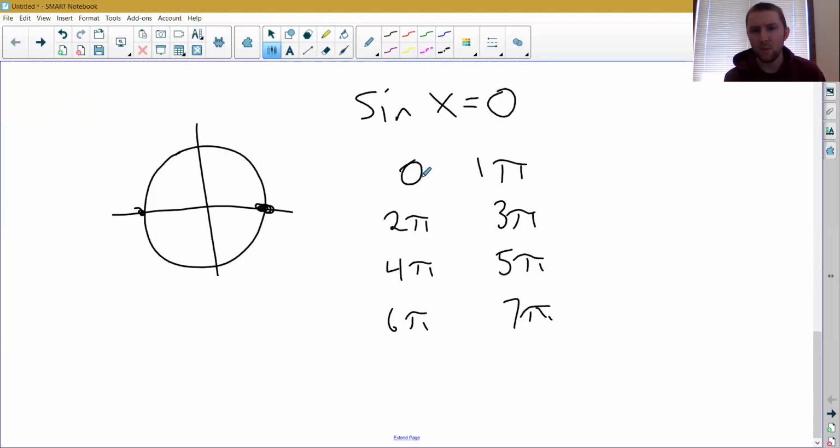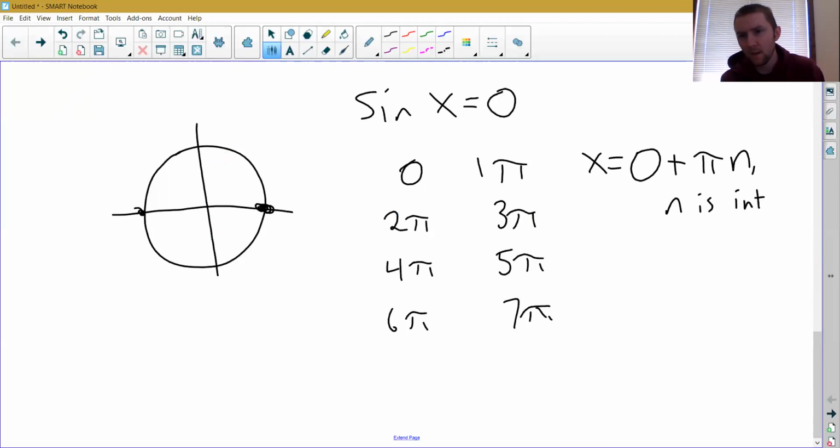So anyway, sometimes we see these types of patterns in our answers, and then we can simply write it like this. X is equal to 0 plus, not 2 pi times n, but just pi times n, where, again, n is an integer. And that's just a slightly simpler way to represent all of the solutions here because it follows this pattern.